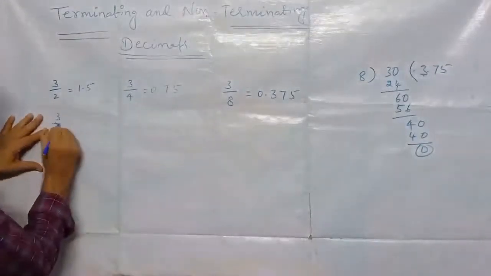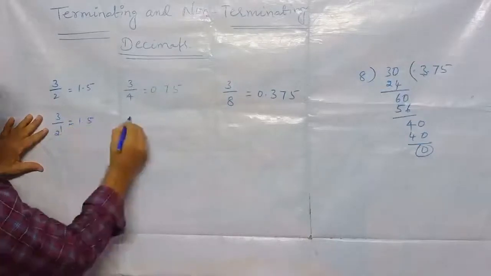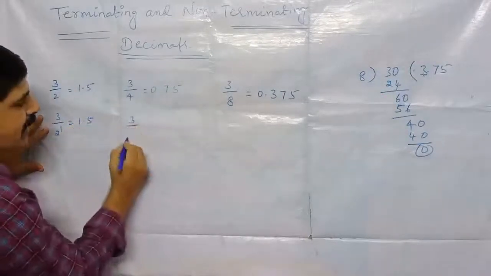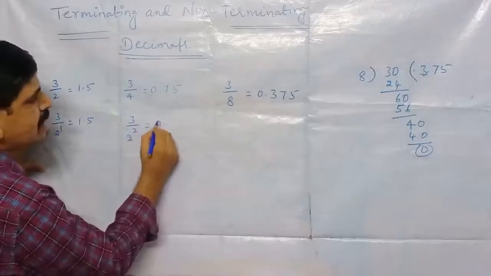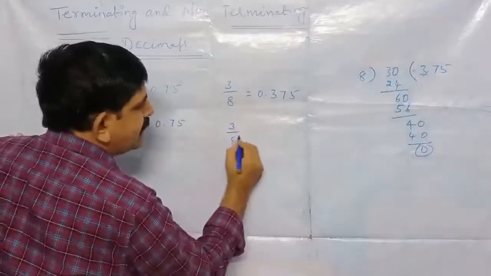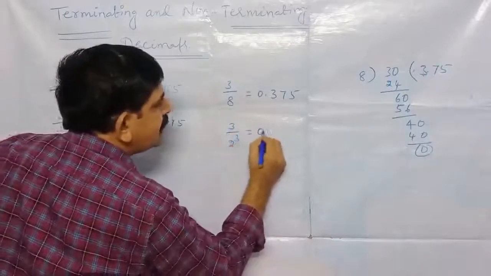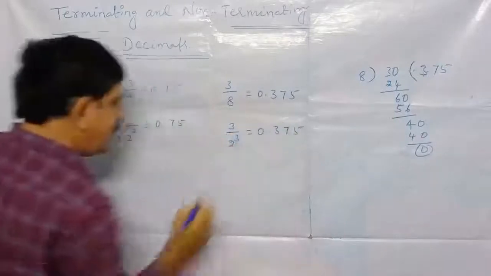Now see these three examples. Here 3 by 2 power 1 is equal to 1.5. 3 by 4 can be written as 3 by 2 square is equal to 0.75. Third one, 3 by 8 can be written as 3 by 2 cube is equal to 0.375. Right?